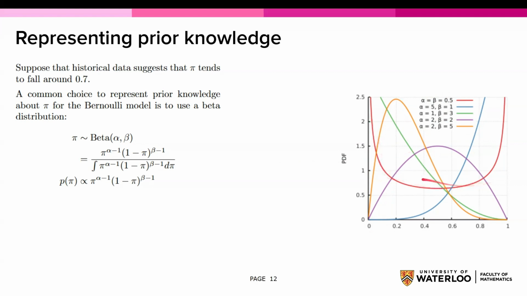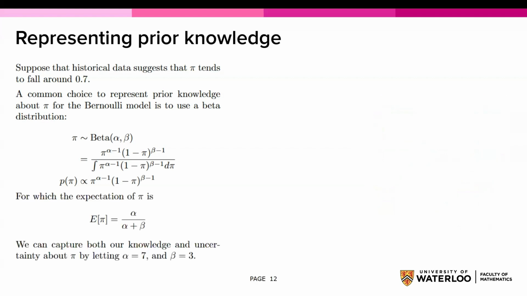It can be pretty flat or symmetric. It can have skews in either direction, or peaked around a certain value. And so this gives us the flexibility to not only encode different values of pi, but also different levels of certainty or uncertainty about pi. Okay, and so it turns out that the expected value of pi is given by alpha over alpha plus beta.